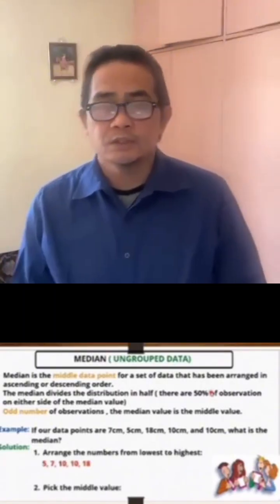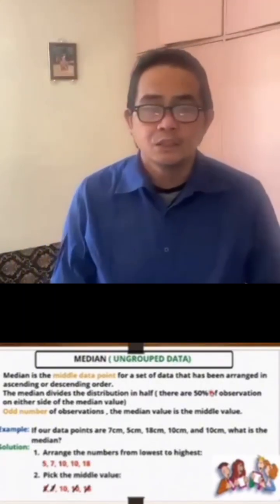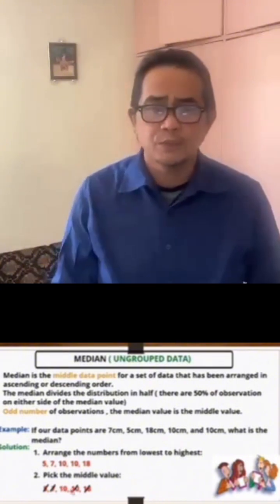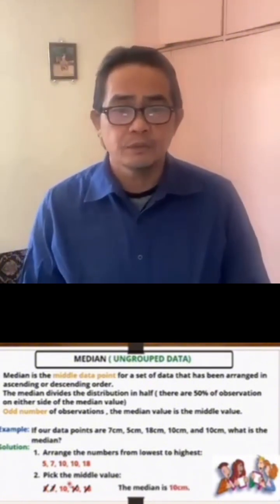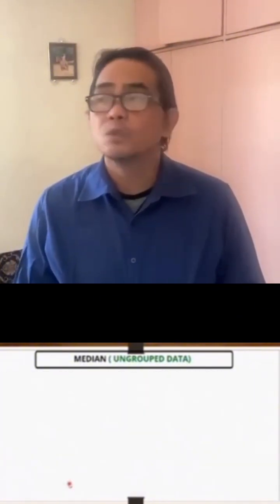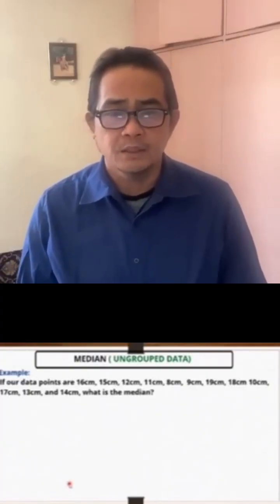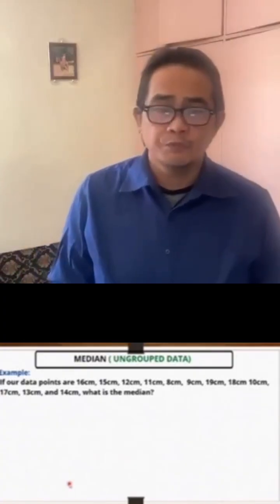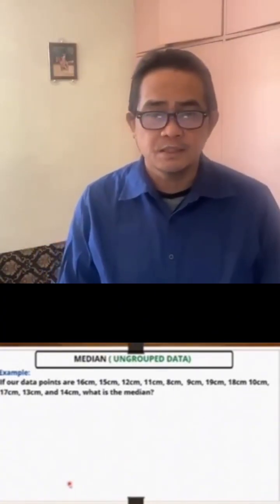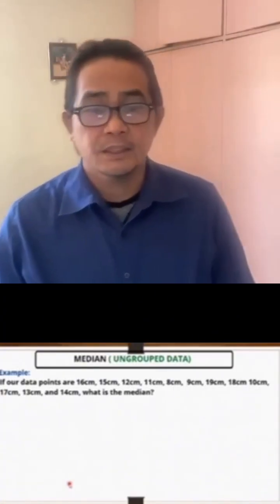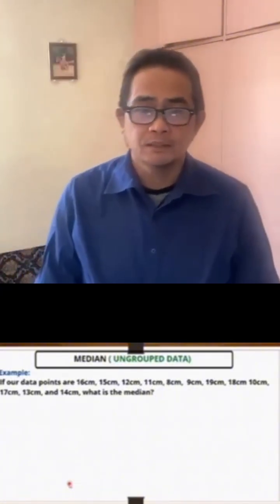For the solutions, we also need to arrange first. The first step is we are going to arrange the data from lowest to highest, with a given number of observations. So for example, we have here 8, 9, 10, 11, 12, 13, 14, 15, 16, 17, 18, and 19. So pick the middle value.